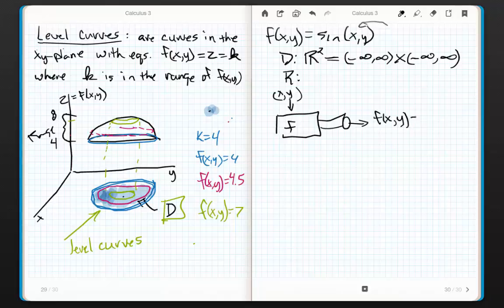Out pops f of x, y's, which are equal to z's, right? So the range of any function of multiple variables is equal to the set of f of x, y's such that x, y simply comes from the domain. That's all it is. It's the z values that we get. Well, we're not afraid of that, right? Sine only spits out values between -1 and 1. So the range on this guy is -1 to 1. Yeah, see how I doubled back on the range there?